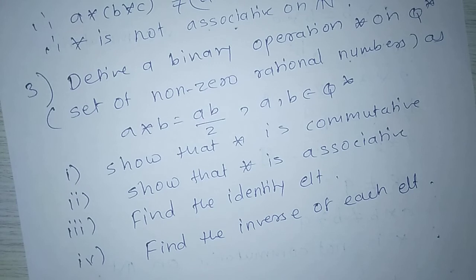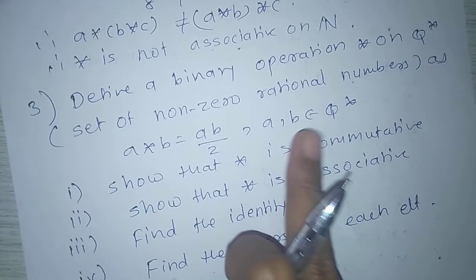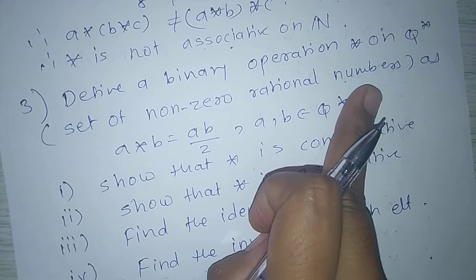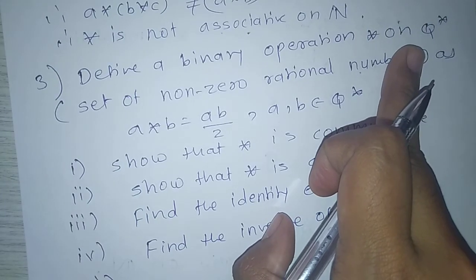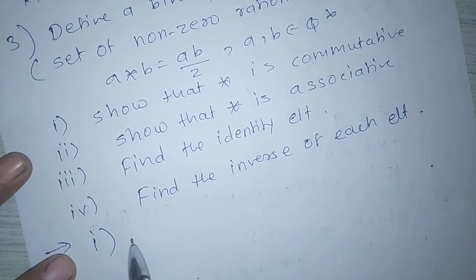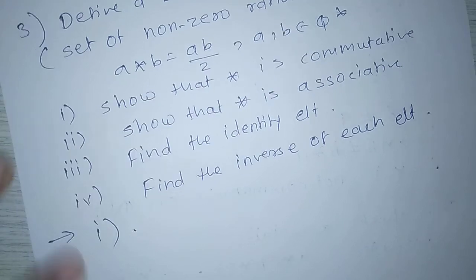First, show that star is commutative. Here star is defined as A star B equal to AB upon 2, where A, B belong to Q star. The set of non-zero rational numbers means 0 does not belong to Q star. To show that star is commutative is to show that A star B equal to B star A for all A, B belonging to Q star. If we get A star B equal to B star A, then we say that star is commutative.